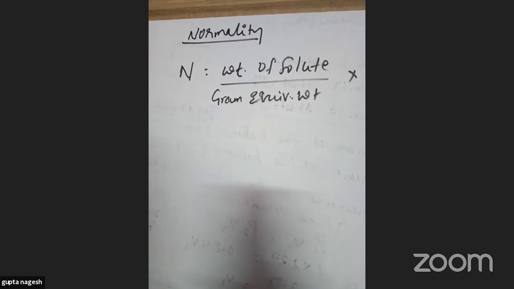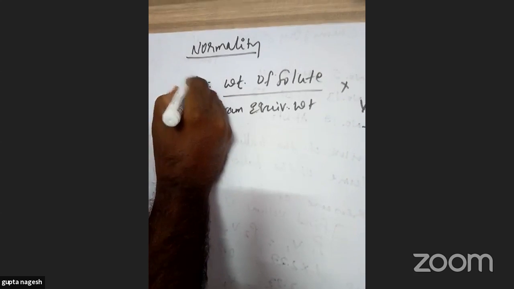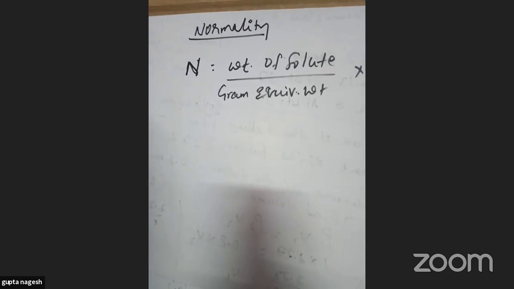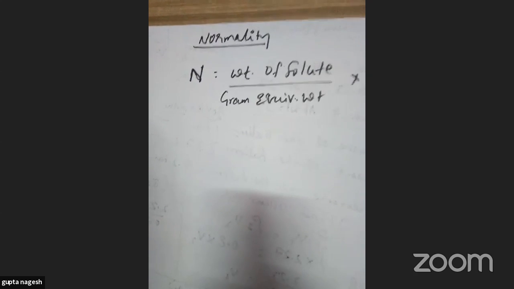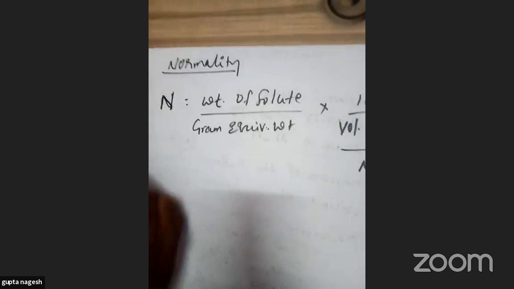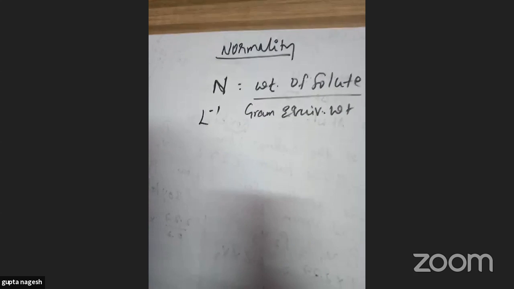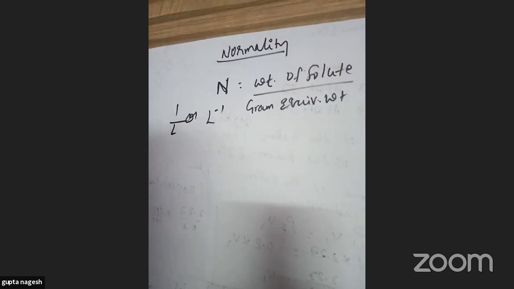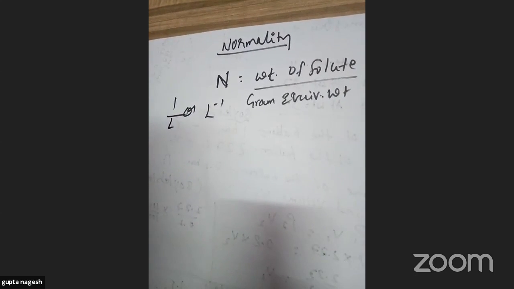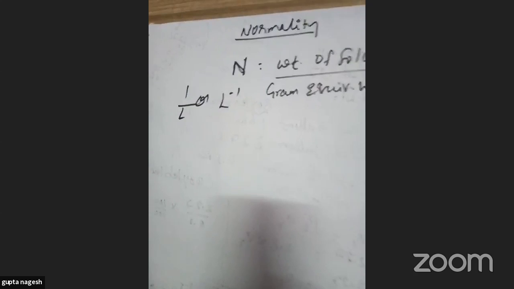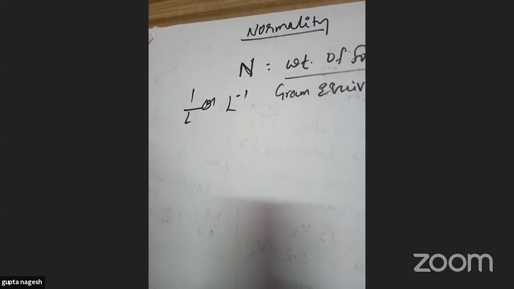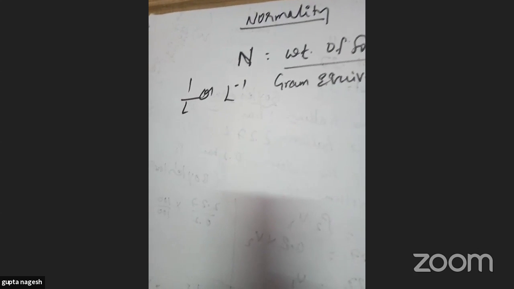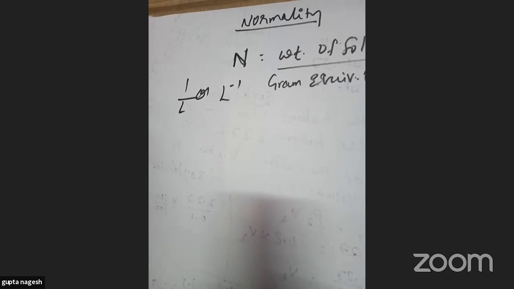So here the normality is always indicated by capital N, and the unit of normality is liter inverse, or 1 by L. So again, before entering into the formula, it is defined as number of gram equivalent weight of a solute present in 1 liter of solution.